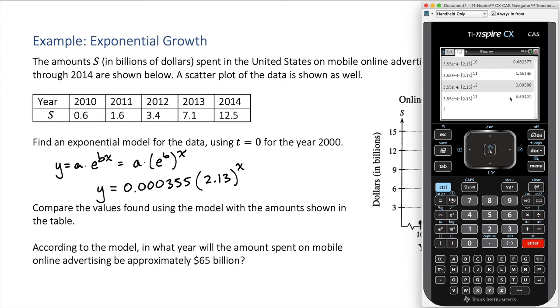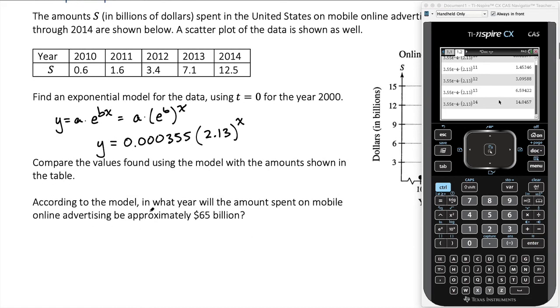Notice that for 2014, raised to the 14, it actually jumps quite a bit. It's quite a bit higher than the 12.5. So out on the edges it was a little bit higher, and inside it was lower. And so, of course, mathematical models are not perfect because they're just estimating based on the trends that we see.